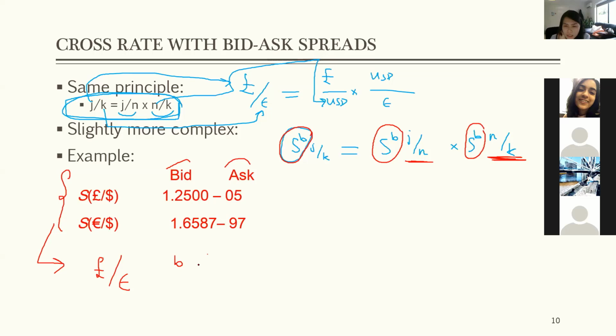So I need the bid and the ask as well. So let's work through the calculation for the bid rate first, and then you guys can help me with the ask rate, okay? Let me start the whiteboard.